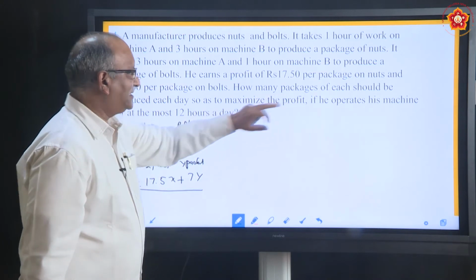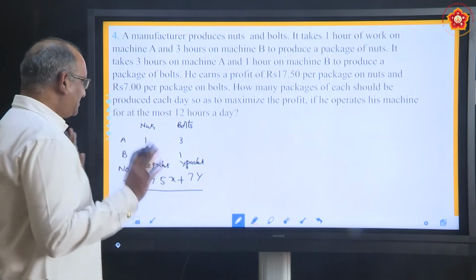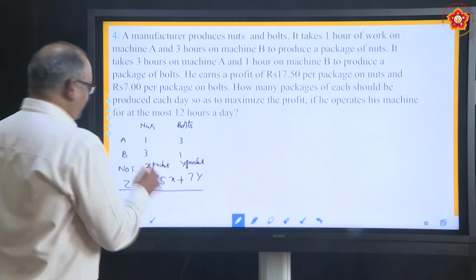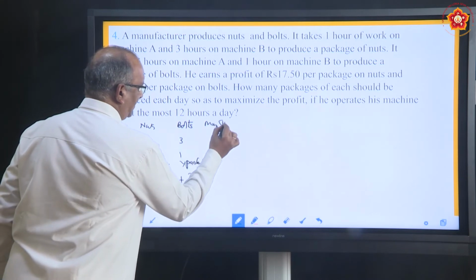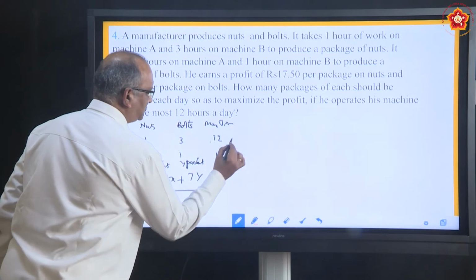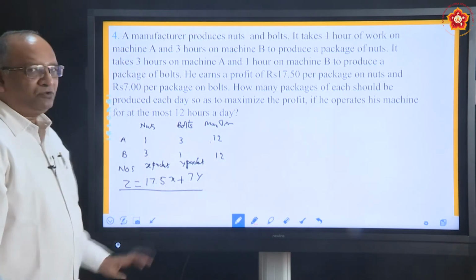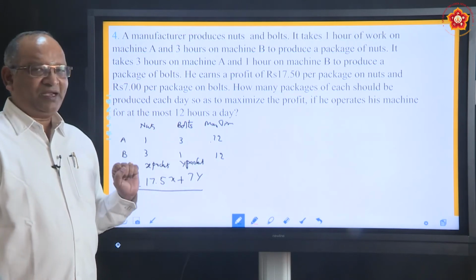If he operates his machines for at the most 12 hours a day, both the machines, machine A, maximum time he operates 12 hours, this also he operates 12 hours. Now we have to prepare the inequalities. How do you make the inequalities?